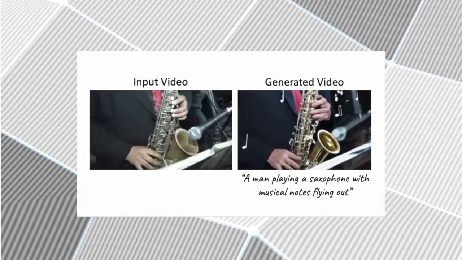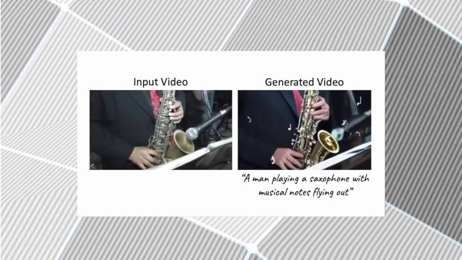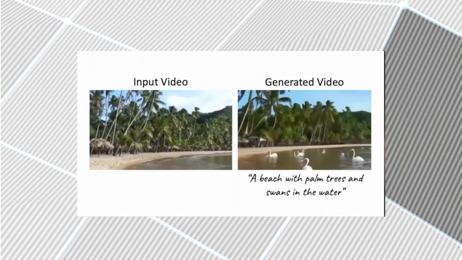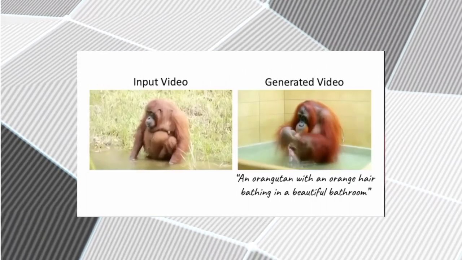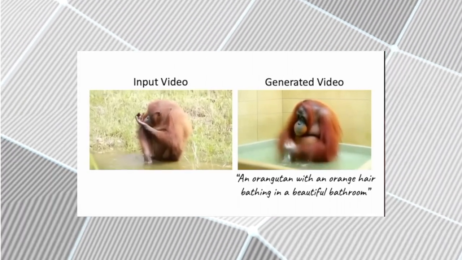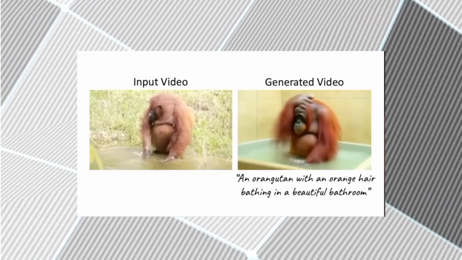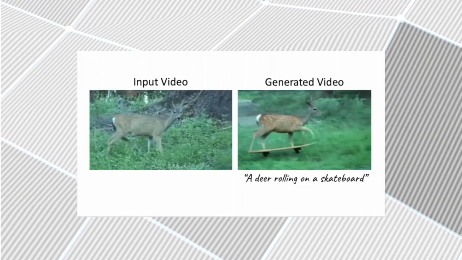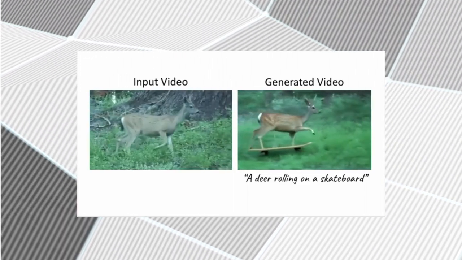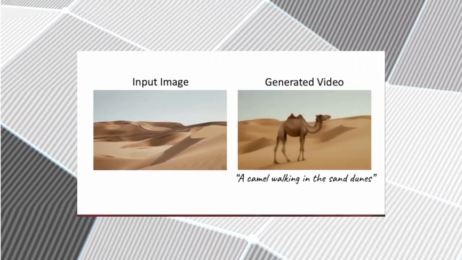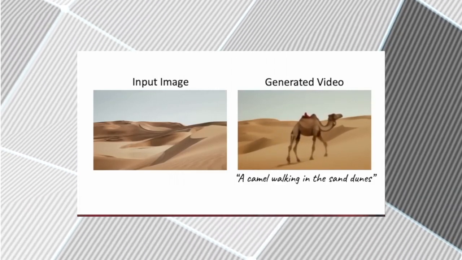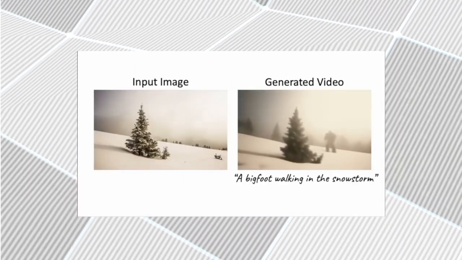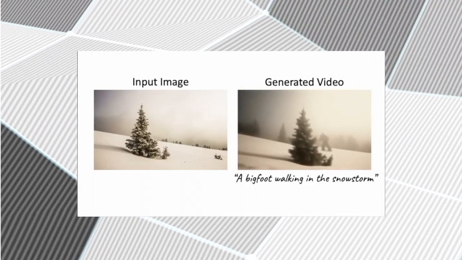In conclusion, NVIDIA's innovative research paper on text-to-video generation showcases the potential of AI in the realm of video synthesis. Although there are still challenges to overcome, such as refining the quality and effectiveness of the generated videos, the progress made thus far is undeniable. As AI technology continues to advance, we can expect to see further improvements in text-to-video generation, opening up new possibilities for its application in numerous fields.